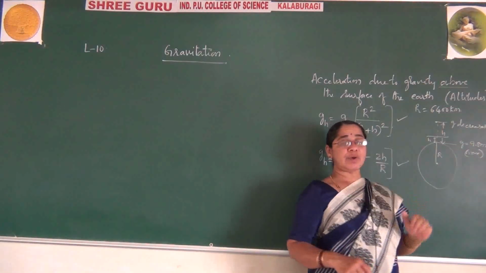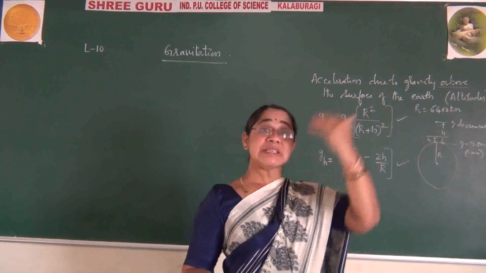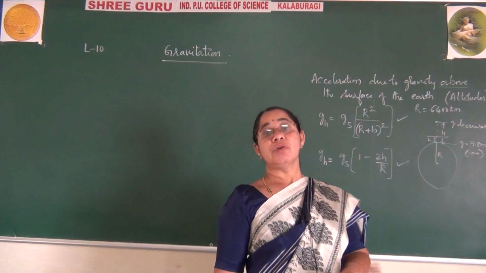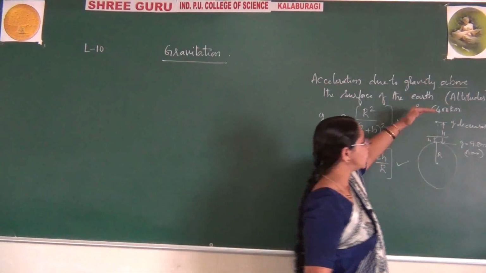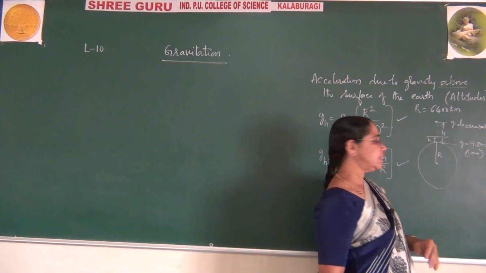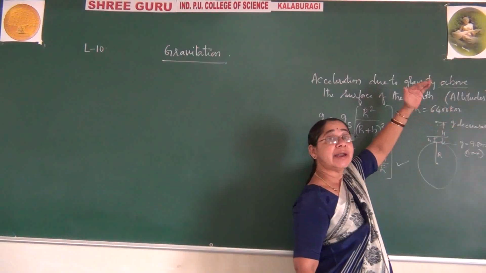So you will think over that, by how much will it decrease, and when will it become 0? When this goes on decreasing, at some point it becomes 0. So let me tell you at what point this g becomes 0 when the height increases.